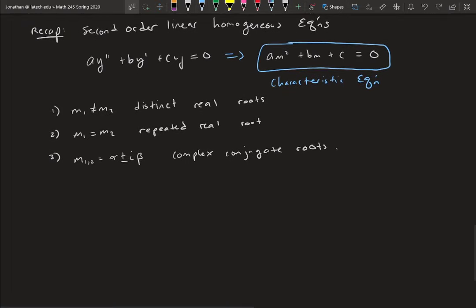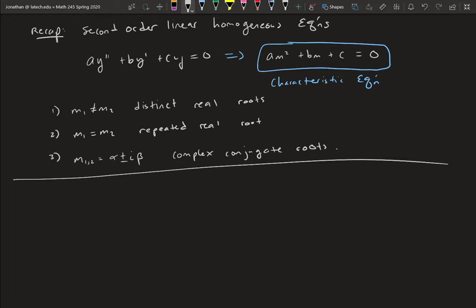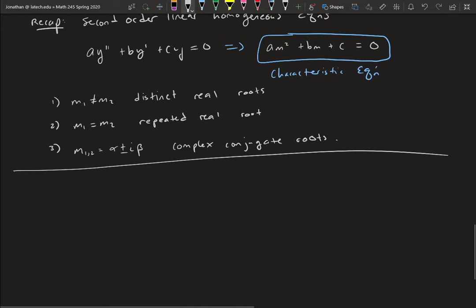So that's where we finished off last time. We did an example of distinct real roots. Today, let's look at what happens if you have a repeated root.